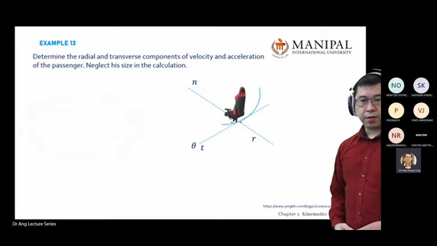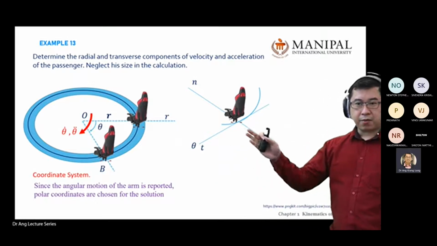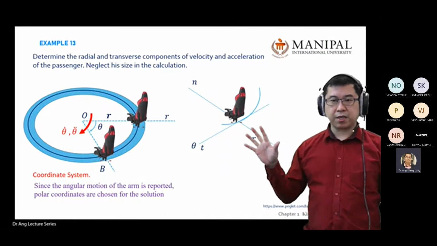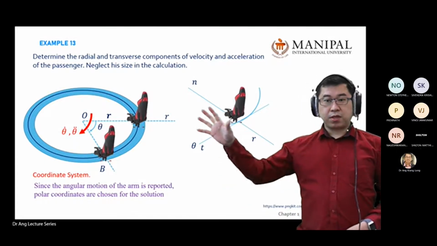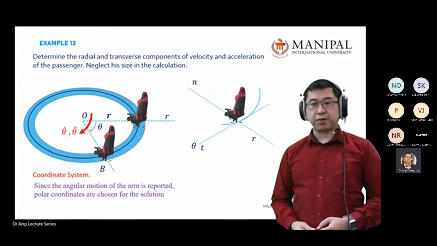Next, we move on. We take away our diagram and we focus on the schematic diagram. So expect something like this in your coming test one. You need to draw a schematic diagram to represent your answer.